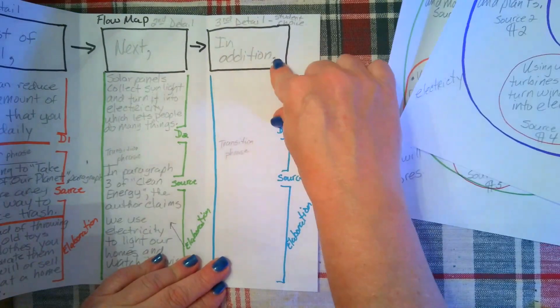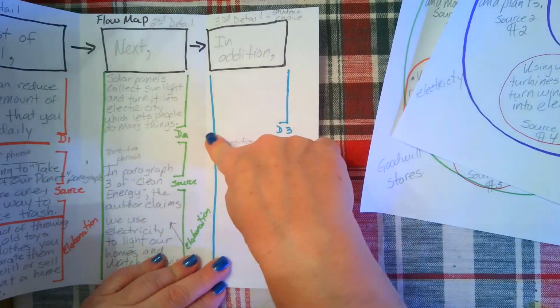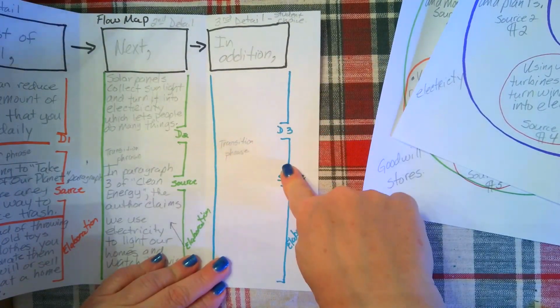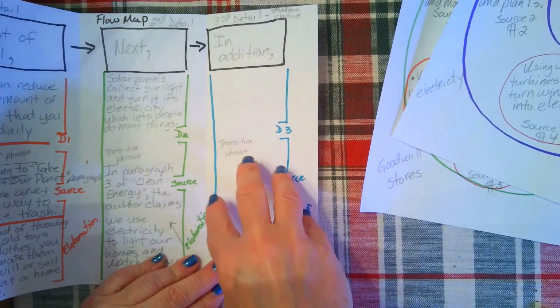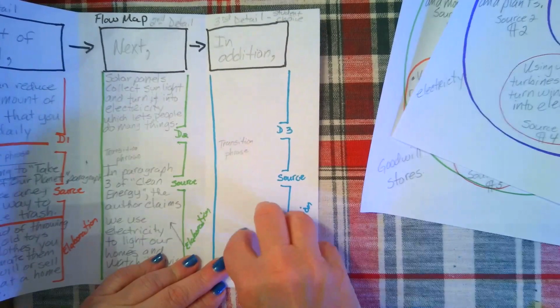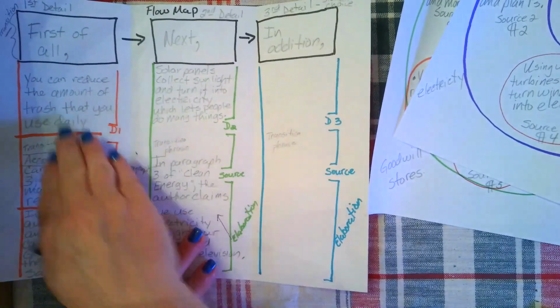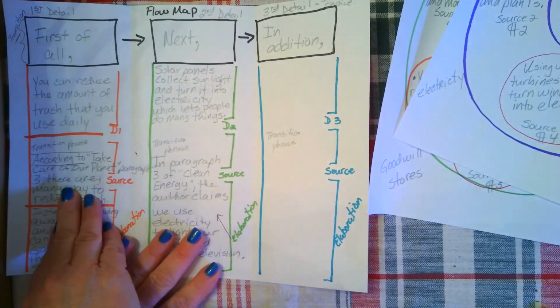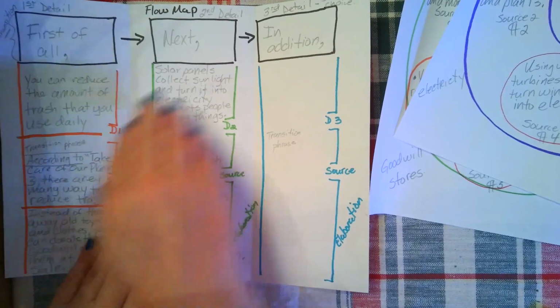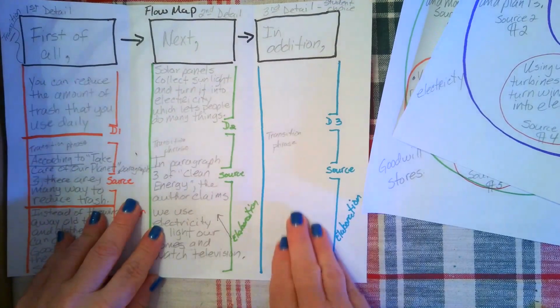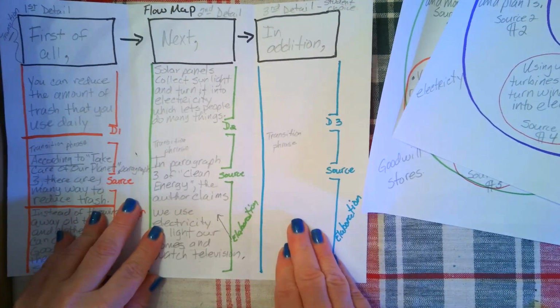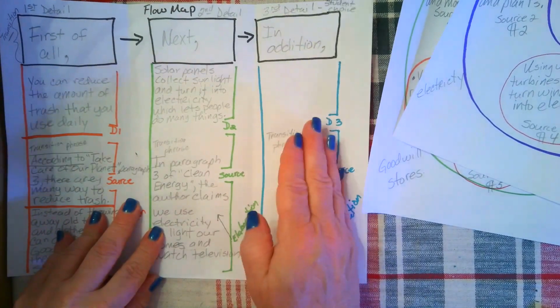So we have detail 3, the transition phrase or word with the source, and the elaboration. It's important that they know that they have to have all those 3 components. So again, the orange detail 1 is from source 1, detail 2 is from source 2, and detail 3 on their own, they choose from either source 1 or source 2.